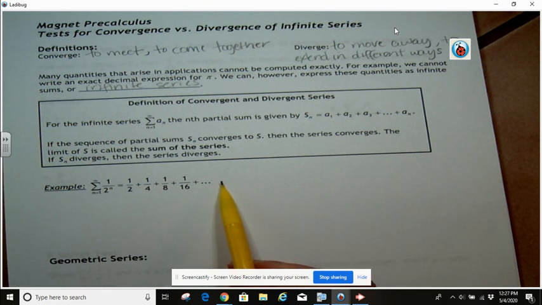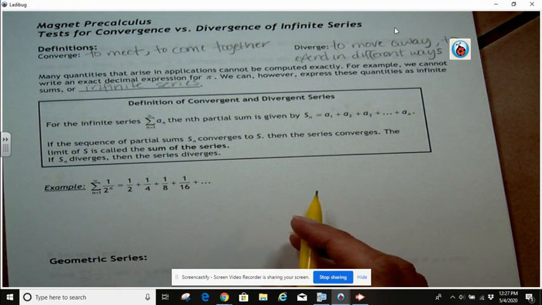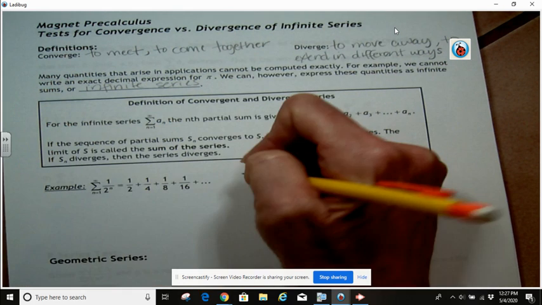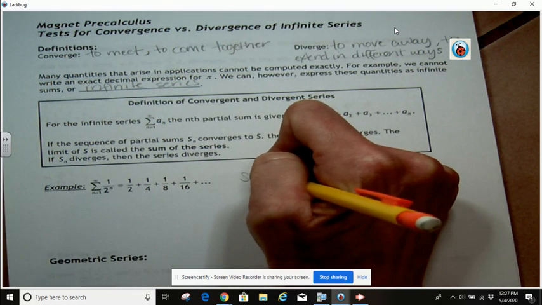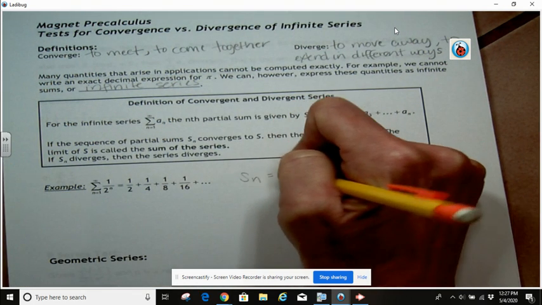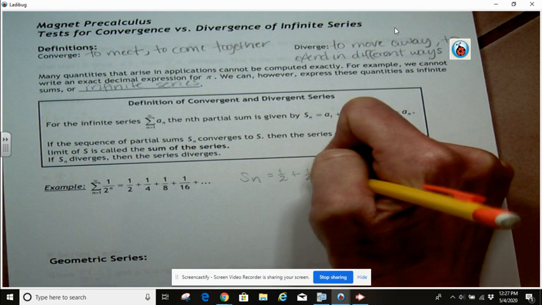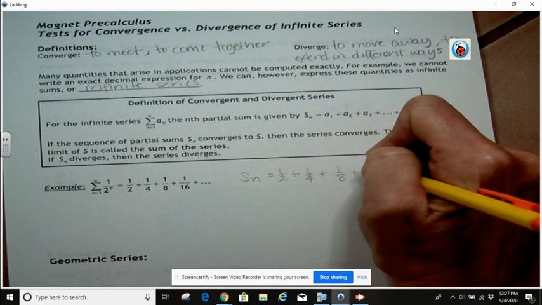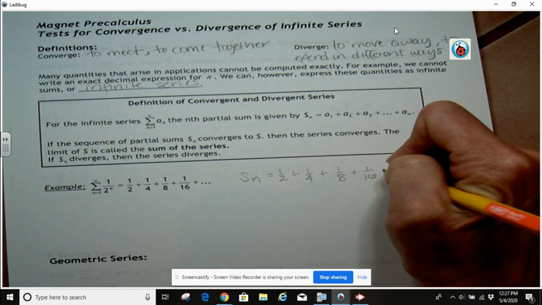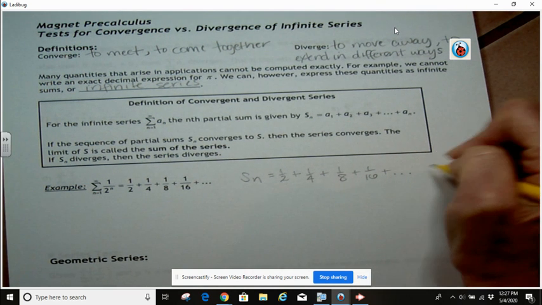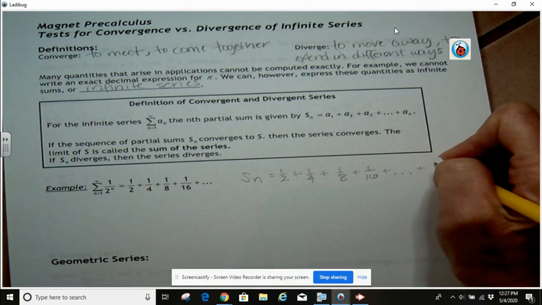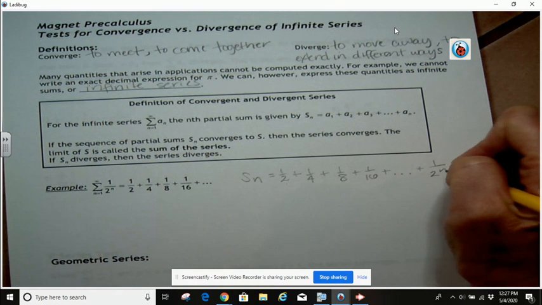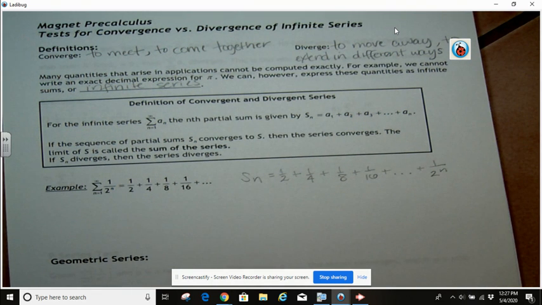And so this would be 1 over 2 to whatever that place is that we wanted to go to. So we can write S sub n as 1/2 plus 1/4 plus 1/8 plus 1/16, and so on, till whatever we decide is going to conclude our partial sum, 1 over 2 to the n.